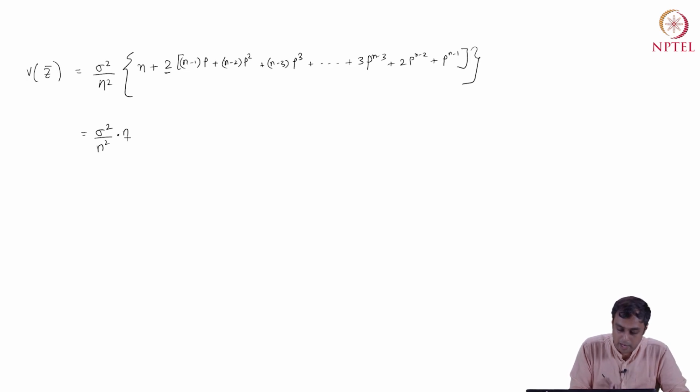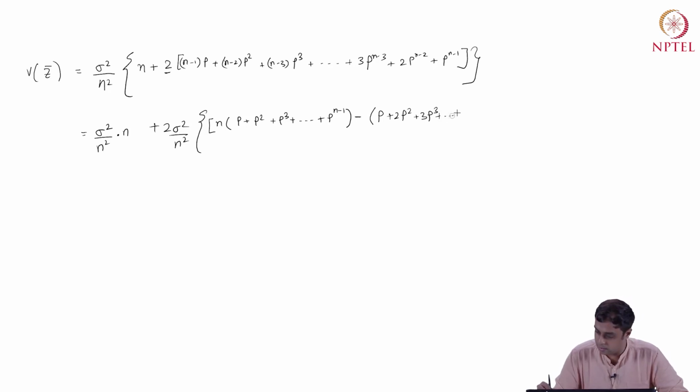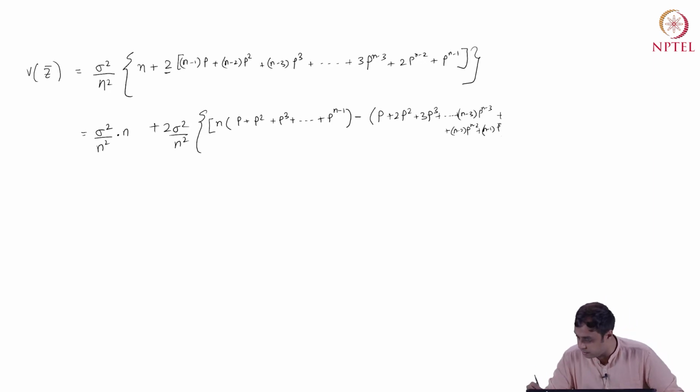So I'm going to take out sigma squared by n squared multiplied by n plus 2 sigma squared by n squared times you have n times rho plus rho squared plus rho cubed, keep going, plus rho to the power n minus 1, minus rho times rho plus 2 rho squared plus 3 rho cubed plus n minus 3 rho to the power n minus 3 plus n minus 2 rho to the power n minus 2 plus n minus 1 rho to the power n minus 1. Okay, sorry about that, a little fumble there.